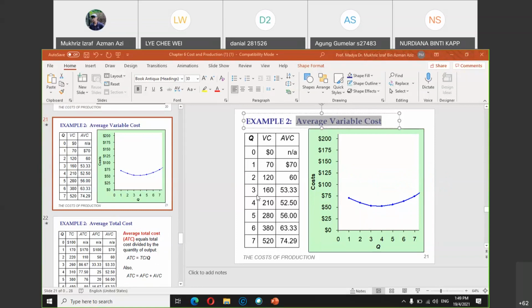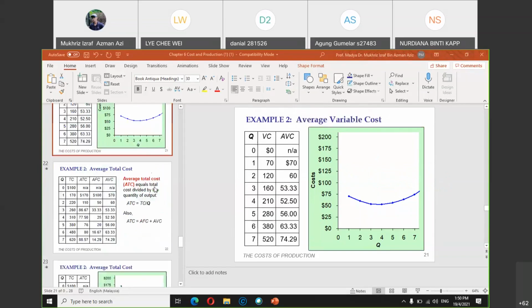But when you increase more and more labor, the cost of your wages actually increases higher than the increase in the output. So for average variable cost, the typical shape will be like a U-shaped curve. It starts to decline and then goes up again.